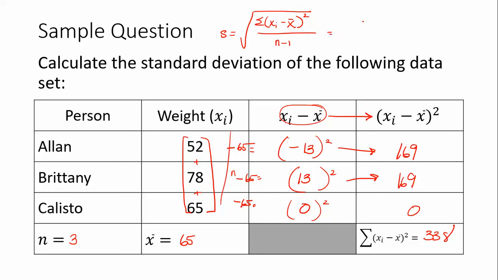When I substitute stuff in, all the stuff on the top of that fraction equals 338. And on the bottom, I know my n is 3, so n minus 1 is 2. And then I need to take the square root of all of it. And when I do that, I'm going to find out that my standard deviation is 13. So I may have a fairly wide spread. It's kind of harder to say since I only have 3 samples, but that suffices for a sample question.